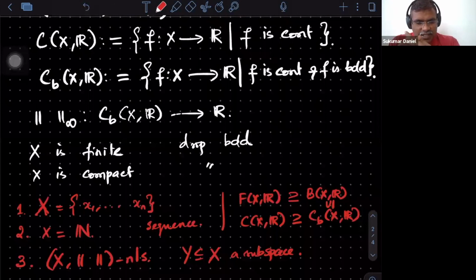Do I need to check homogeneity again? And do I need to check definiteness? So go through this and ask: if I have a norm on a bigger set, will I always be able to define a new norm on a smaller subspace? And is there anything I really need to check, or does it automatically become a norm? That's the question you can ask. Okay, so we'll stop with that, and now we are done.